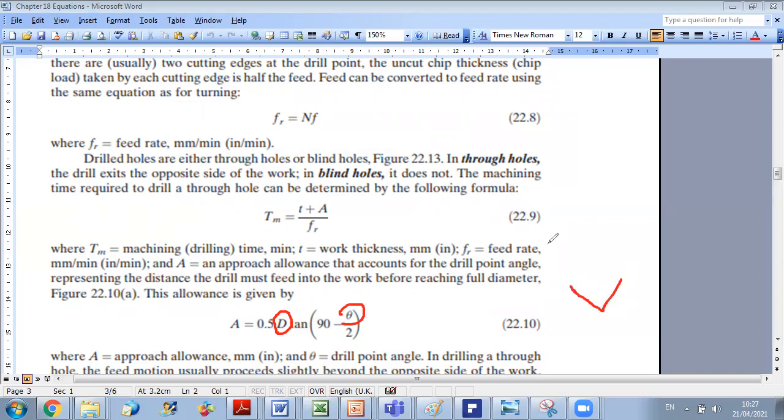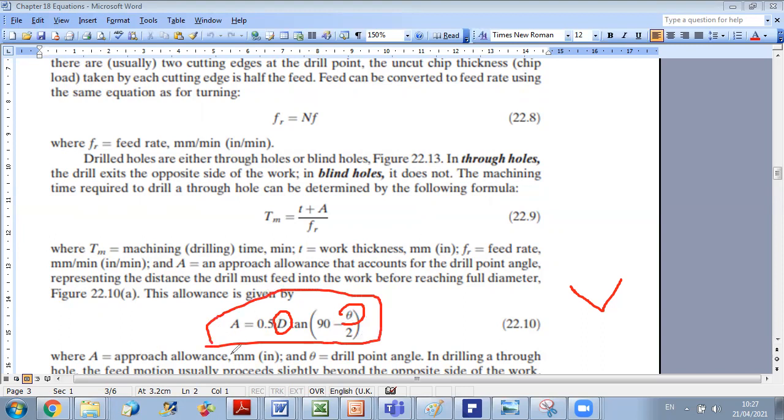The value of theta will affect the approaching distance. So the approaching distance, which is defined as the approach allowance that accounts for the drill point angle, representing the distance the drill must feed into the work before reaching full diameter, is given by 0.5d times tangent of (90 minus theta over 2).